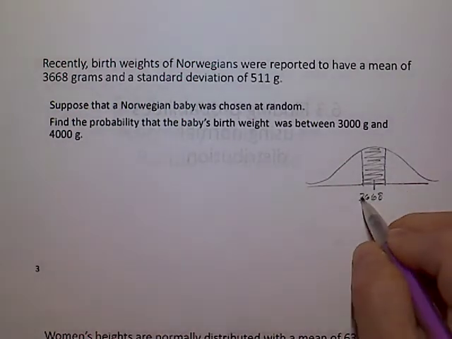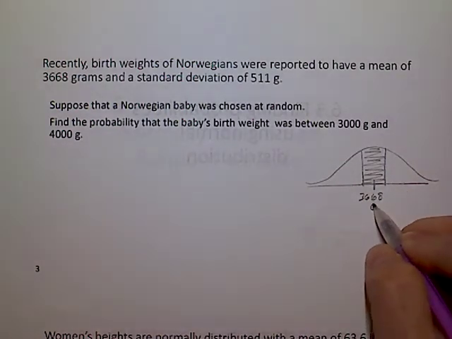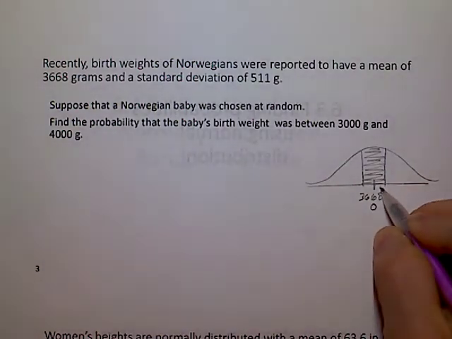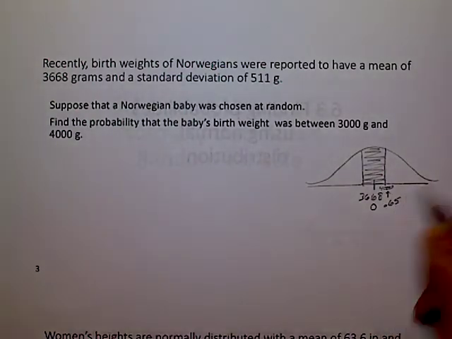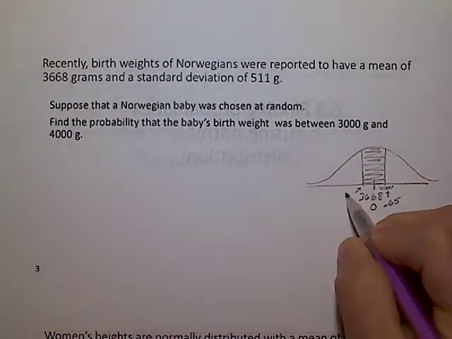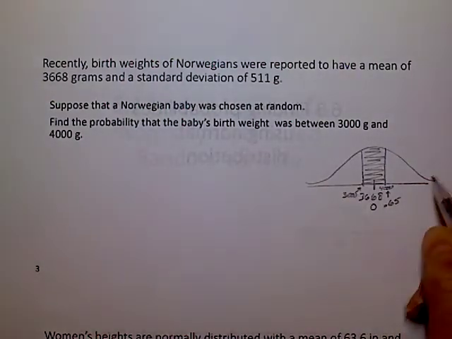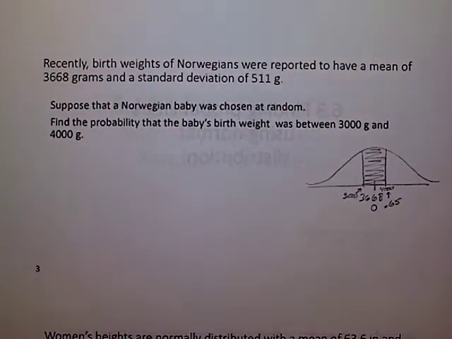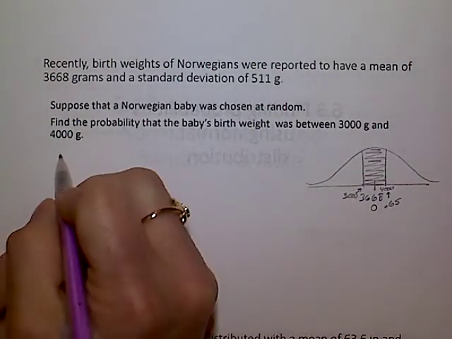All right, so we're going to normalize it, and this will now be 0. Remember how we found 4,000 was 0.65 standard deviations? Let's go find 3,000. We'll see. Calculator.